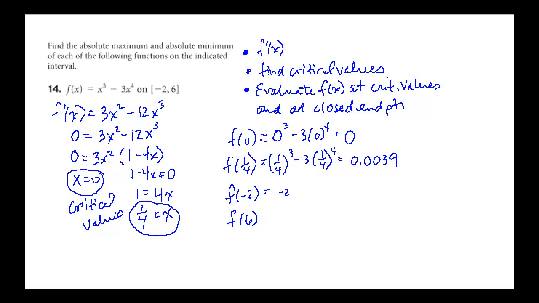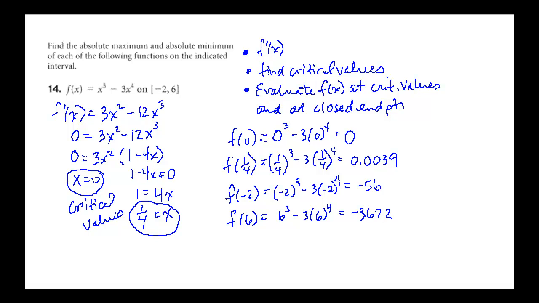Plug in -2, that's going to be -2 cubed minus 3 times -2 to the 4th. I get -56. And f of 6 is going to be 6 cubed minus 3 times 6 to the 4th.